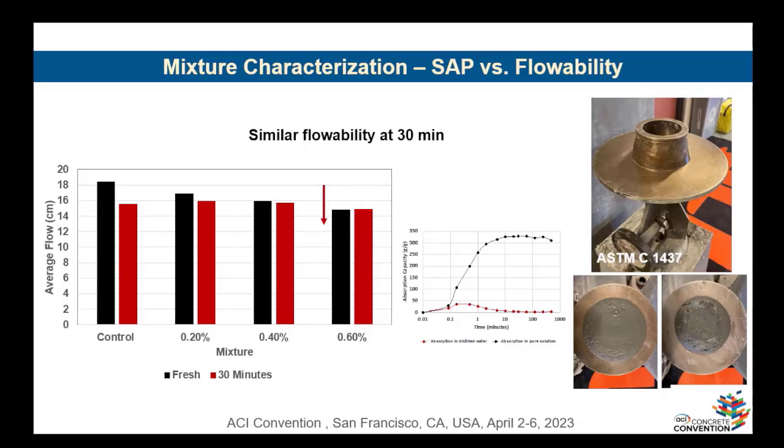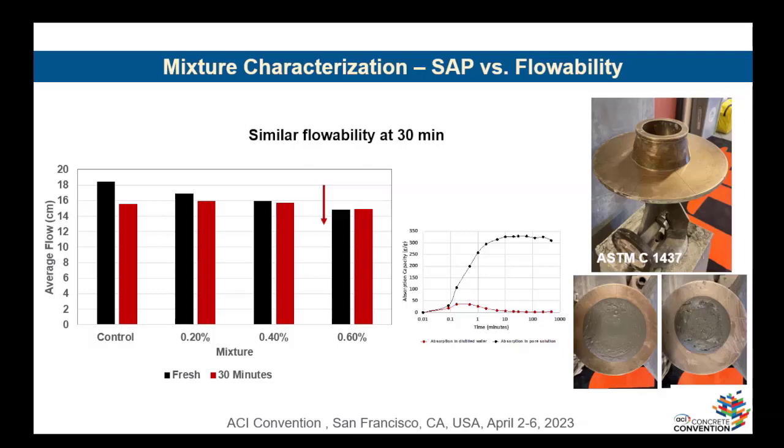We use ASTM C1431 for now, just as a very quick estimation of our flowability and the flow range, and we realized that SAP at different contents, 0.2%, 0.4%, and 0.6% of the cementitious material, decreased the flowability to some extent.